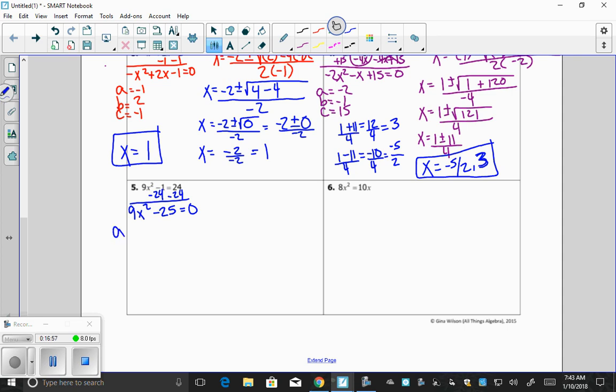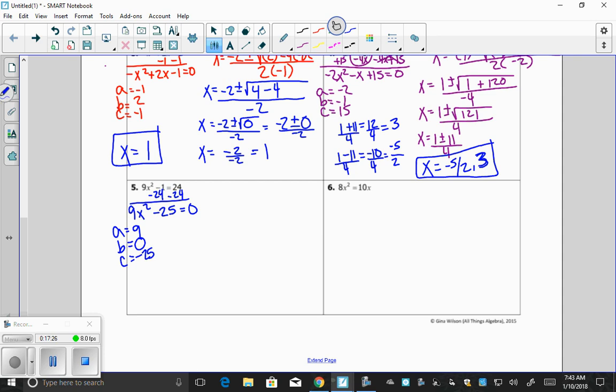For this problem, my A is 9. My B is the number in front of x. If you don't have that variable, like you don't have just x, then your letter is going to be 0. And my C is going to be negative 25.